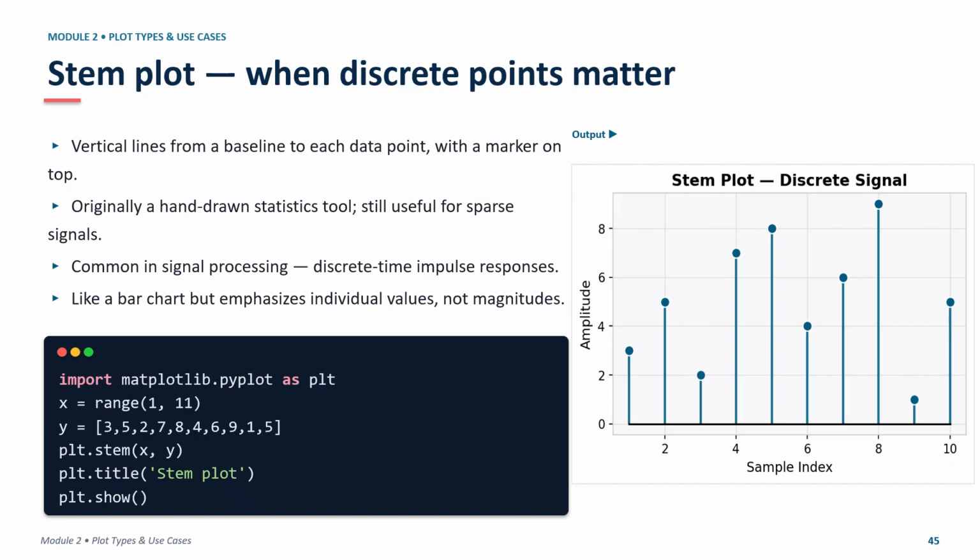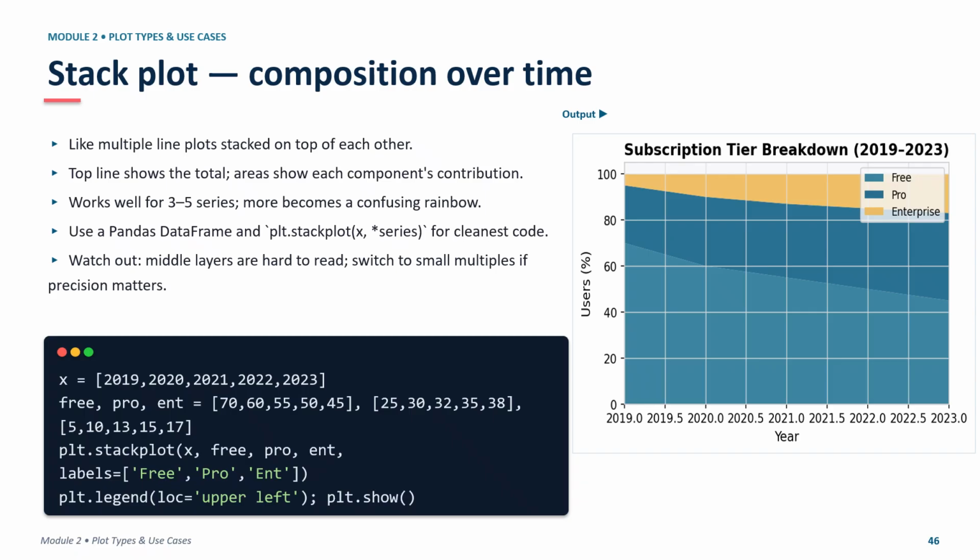And now let us see what is meant by a stack plot. A stack plot is an evolution of a line plot, for showing compositions over a period of time. Instead of asking what the total is, you ask what the parts are that make up the total. Multiple series are stacked on top of each other.